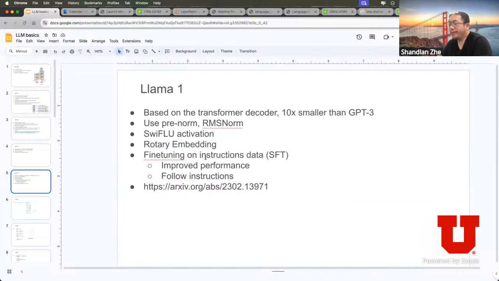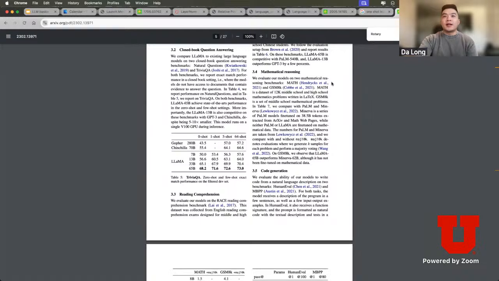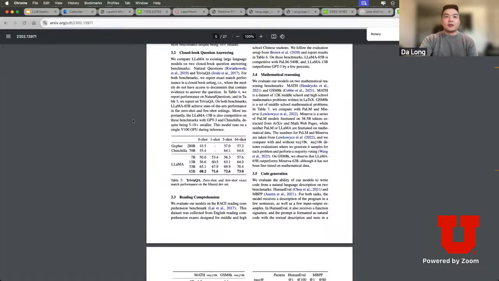For the instruction following fine tuning, do they only provide instruction following pairs and then fine tune with that? Yeah. The data is a question, with special tokens that tell you where the question starts and ends.